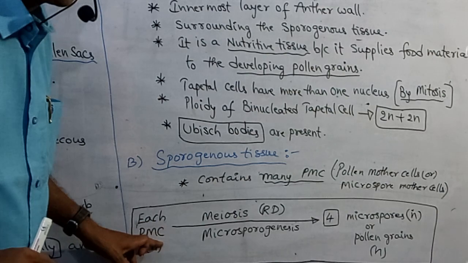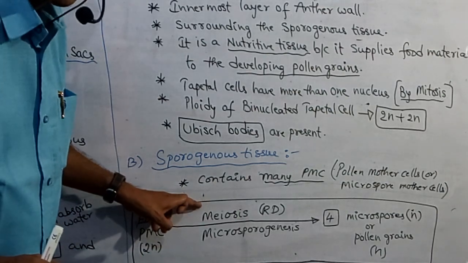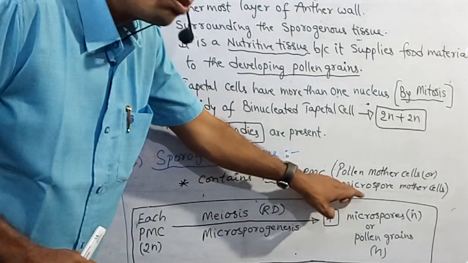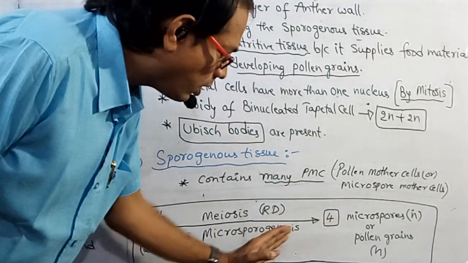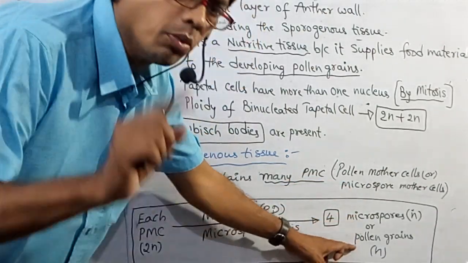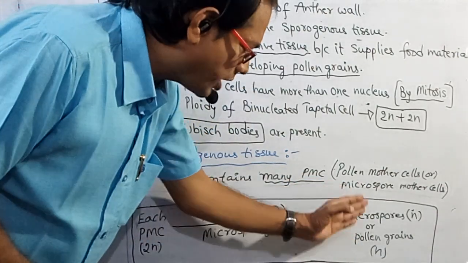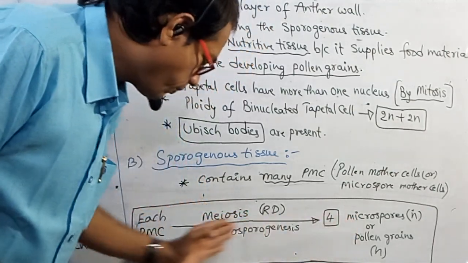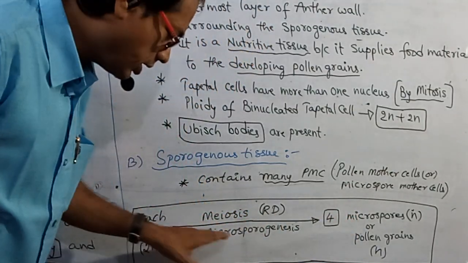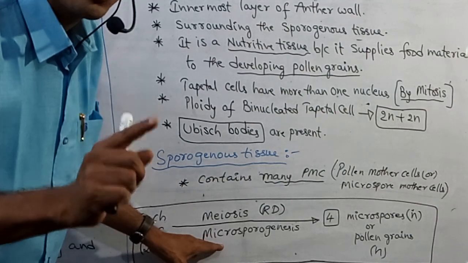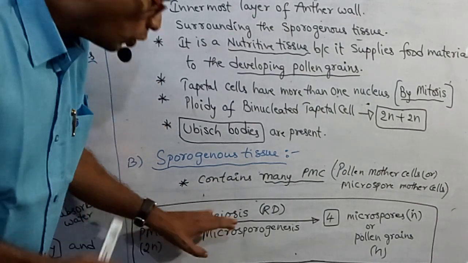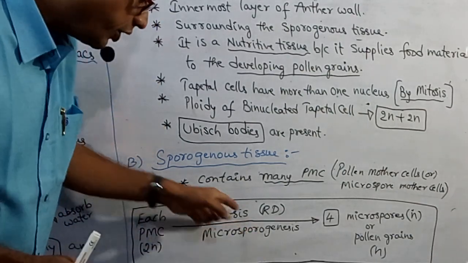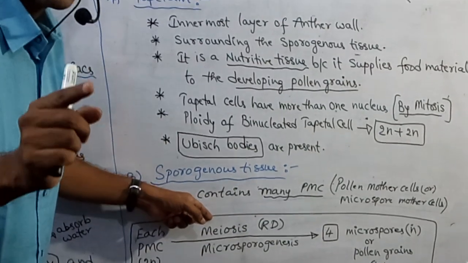Each pollen mother cell undergoes meiosis and forms microspores. Microspores are also called pollen grains. Formation of microspores from pollen mother cell is called microsporogenesis. During microsporogenesis, which division occurs? Meiosis.